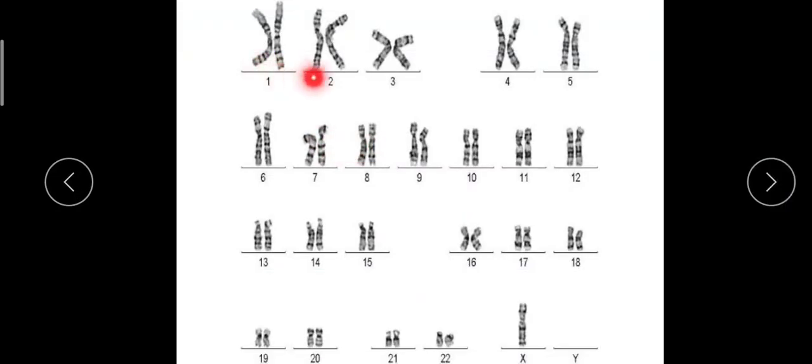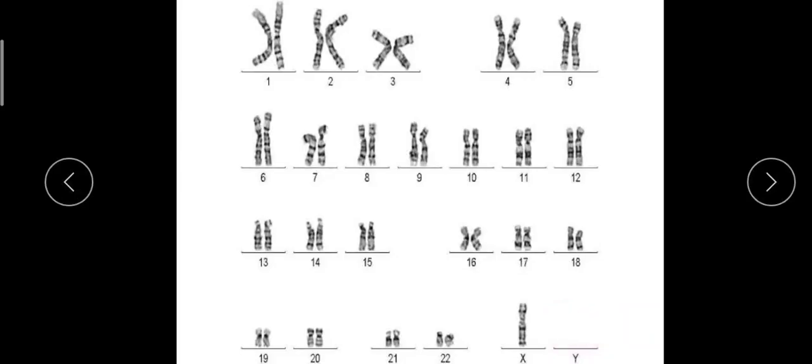So likewise, 2 copies of each chromosome are present. That is why we call them pairs. Chromosome 1 is a pair, chromosome 2 is a pair. Likewise, we have 22 pairs of autosomes and 2 sex chromosomes, X and Y.